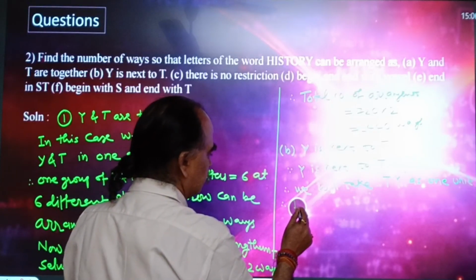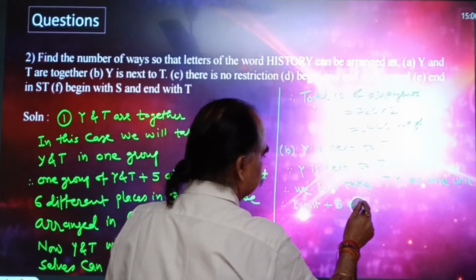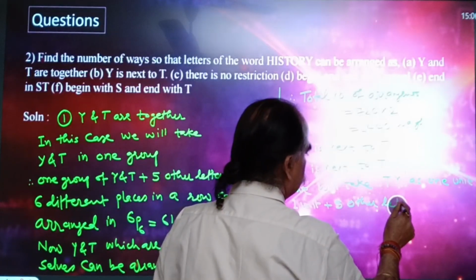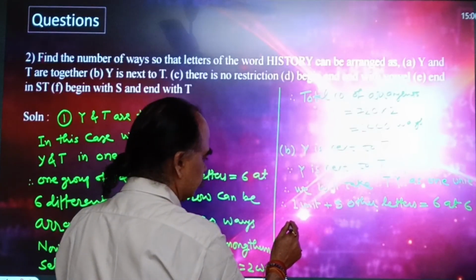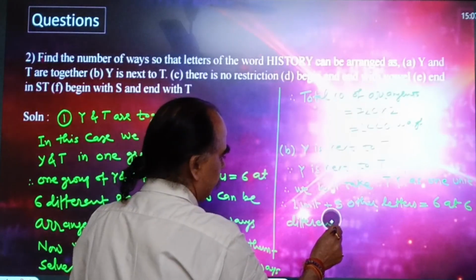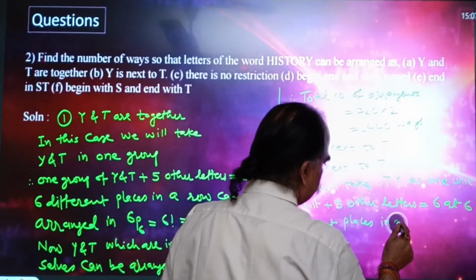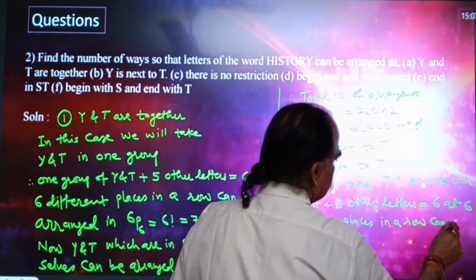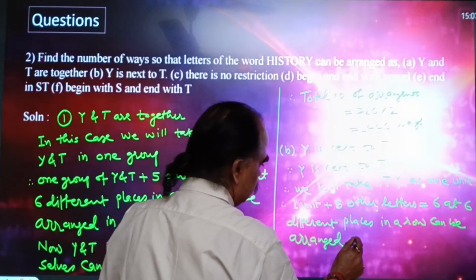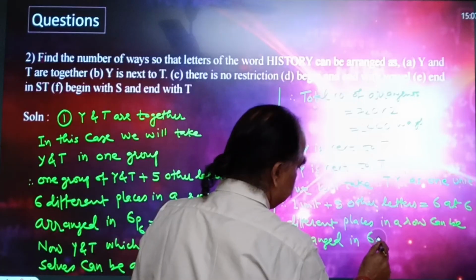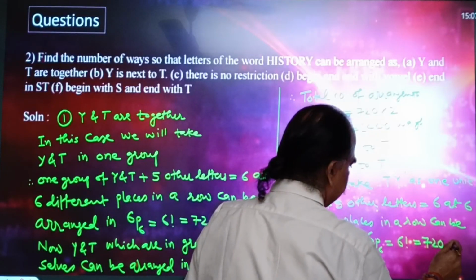Therefore, 1 unit plus 5 other letters is equal to 6 at 6 different places in a row, which can be arranged in 6P6, 6 factorial, 720 ways.